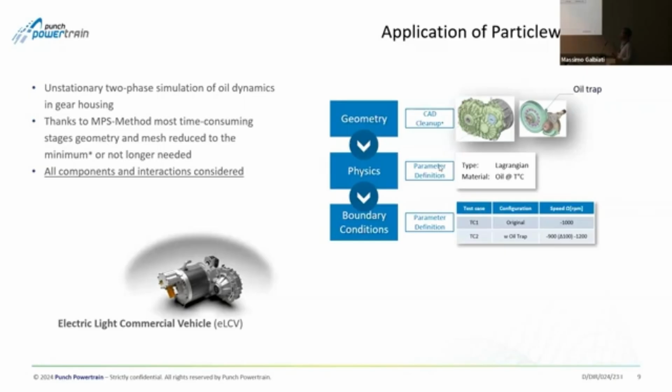Keeping in mind what I presented before, the geometry is just reduced to the bare minimum. We don't have more pinching or more little problems for the meshing or for the extraction of volume. The mesh is gone completely, and only the physics boundary conditions are there, which is only the introduction of the values, which we should do with technical physics, keeping in mind the physics and not only the numbers.